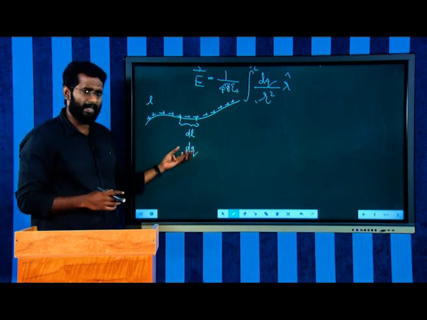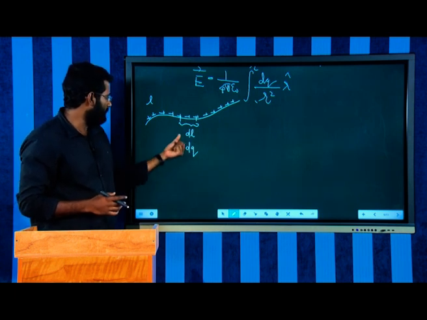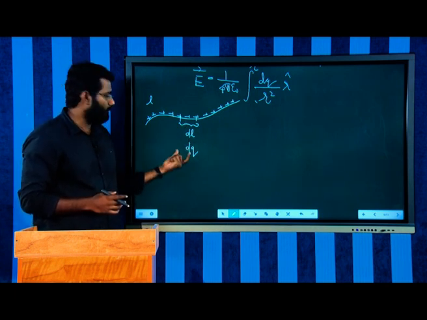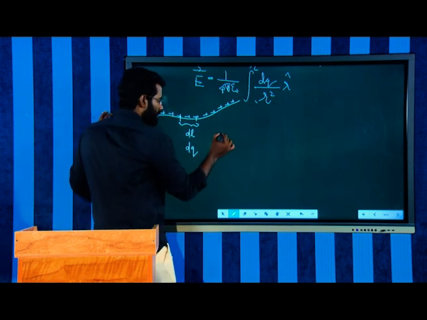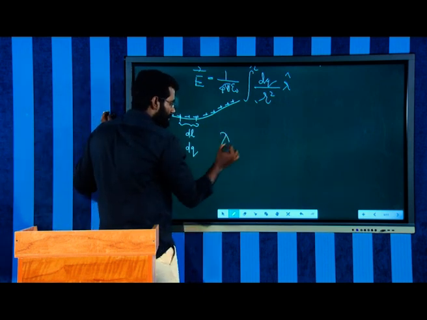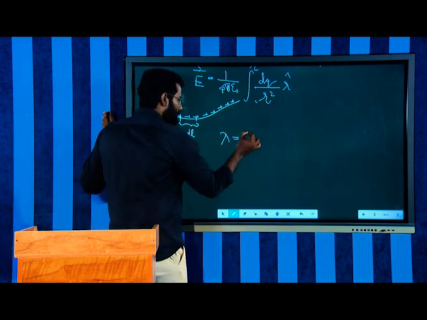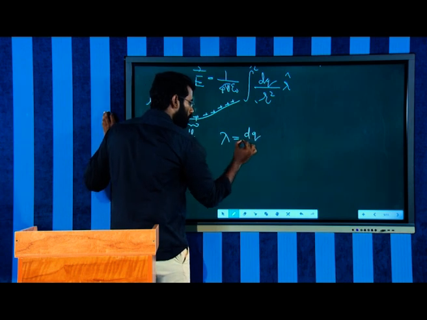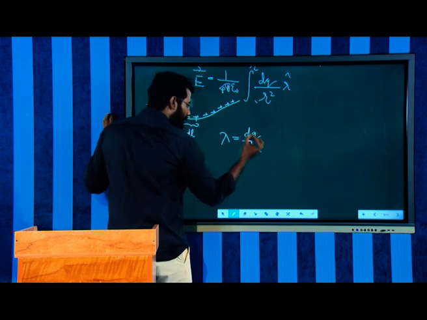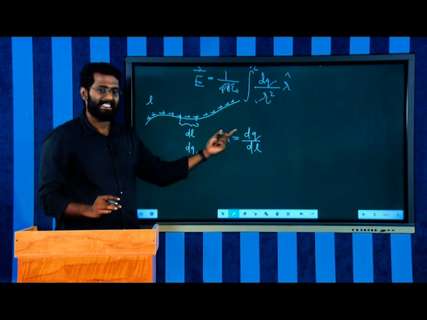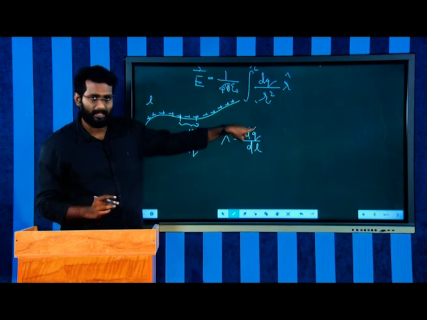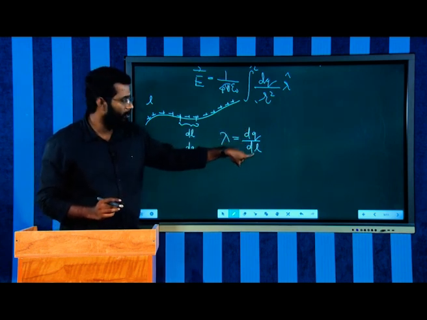So, dq is the charge in dl length. Now, I can define a density here. In dl length we have dq, so I define a density lambda, which is equal to dq by dl. In the numerator it is charge, and in the denominator it is length.